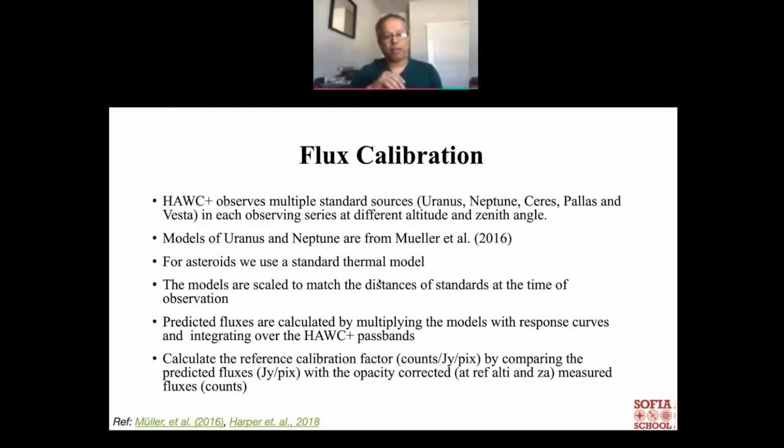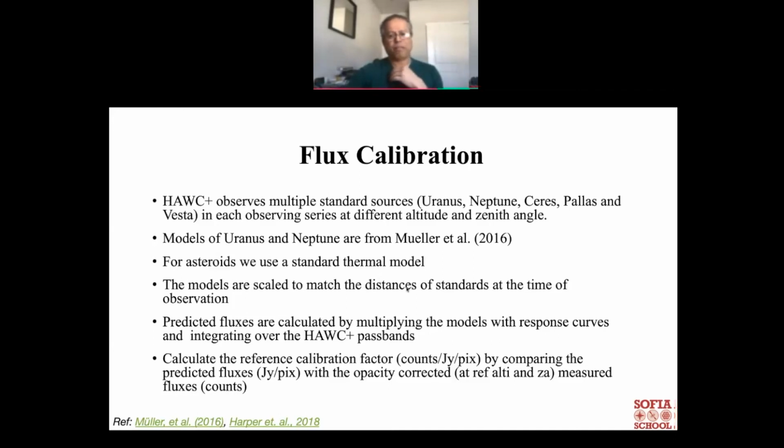And once we have that, we multiply these models with the instrumental response curves for each of the passbands and integrate over it to get a photometry point. And that's your truth. And we have the measurement. So when you take a ratio of that, you get your reference calibration factor.